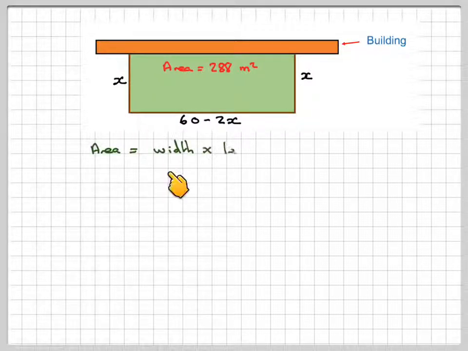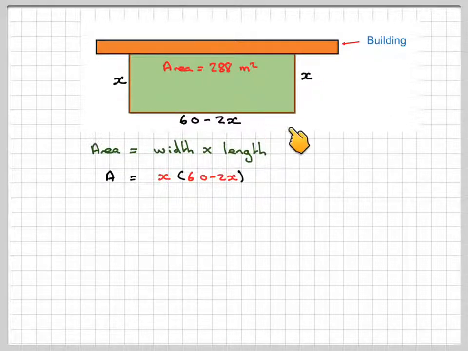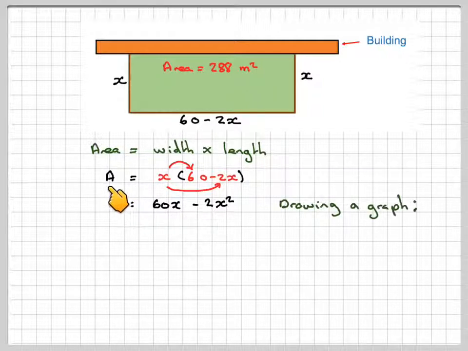Therefore, we can say the area is the width times the length. So that's going to be x, this length here, times the length, which is 60 minus 2x. Let's expand the bracket. So we're going to get 60x minus 2x squared. So we're now going to draw a graph of A equals 60x minus 2x squared.